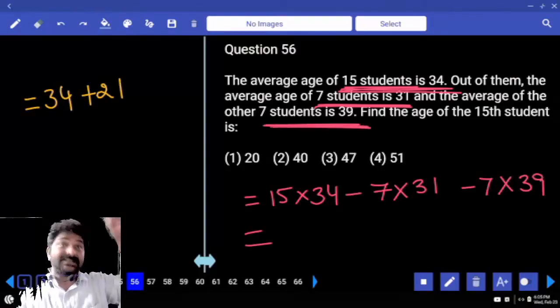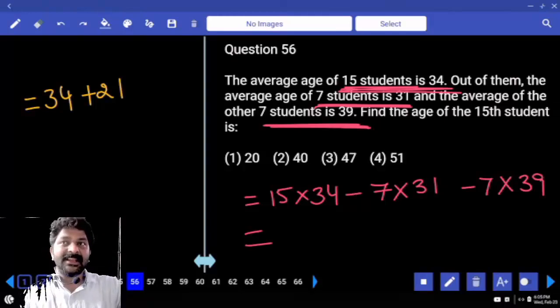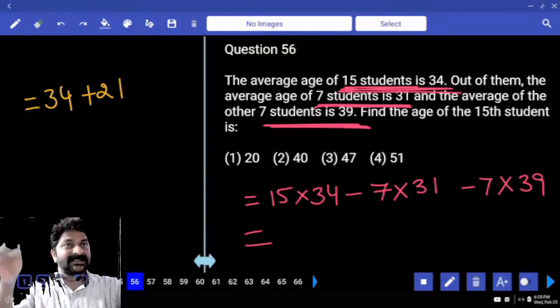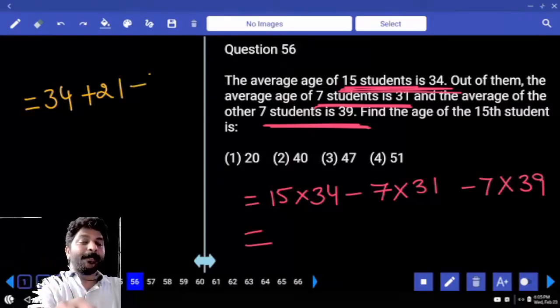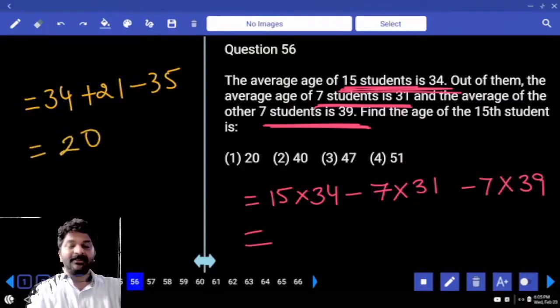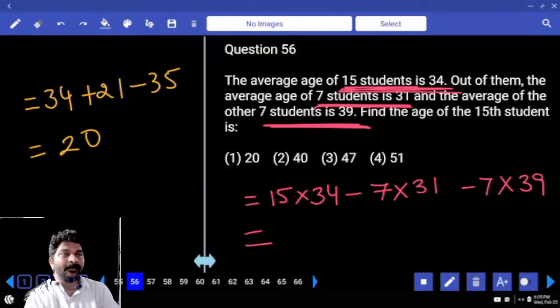With respect to original average 34, 39 is 5 more. Again 7 numbers are there. 7 into 5, 35 more. Reverse effect, minus 35. 55 minus 35, answer 20. Instead of using multiplication and everything, we can simply use this concept.